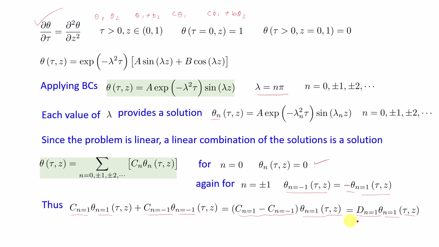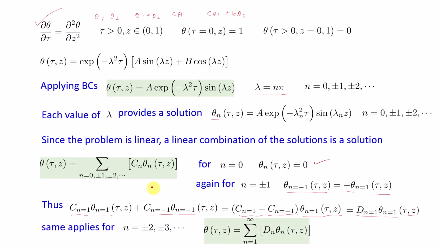Which tells me that if I take this theta, then I don't have to take care of the plus and minus. I can only go with the pluses. That is the advantage of using this. Therefore, 0 I have removed. I am not taking 0. For 1, I have seen that this happens: minus 1 and plus 1 I can club together.